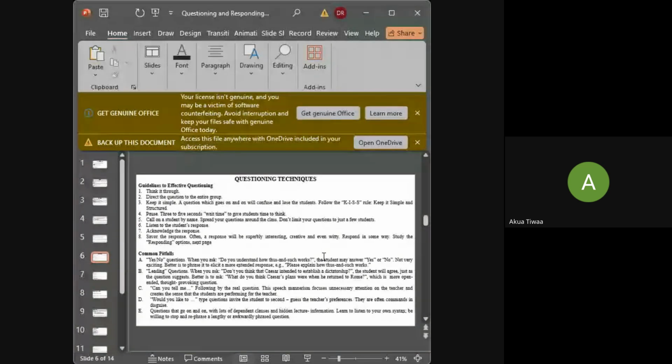And then again, you prepare a few questions with specific students in mind. We are not saying that you are going to ask those students the questions. No. You put them in mind in the sense that not all the questions should be the same. Sometimes you need to ask recall questions, sometimes critical thinking questions and so on and so forth.